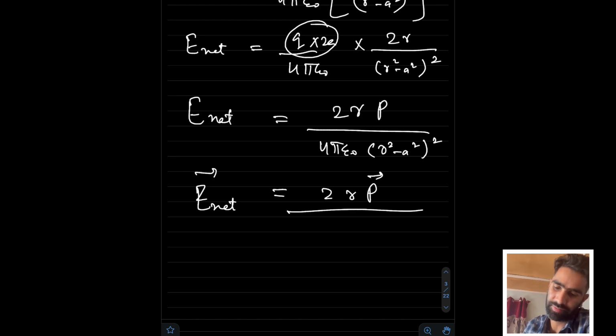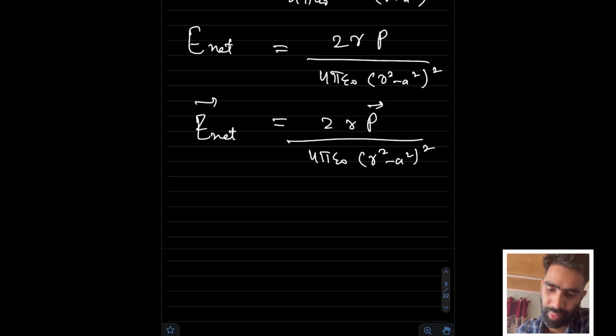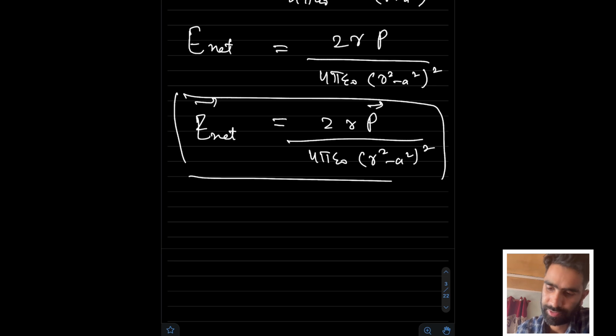The direction of the electric field will be in the direction of the dipole moment, that is from minus q to plus q, over 4 pi epsilon naught into r square minus a square whole square. This is the vector form of the electric field intensity at point P in terms of the dipole moment p of the dipole.